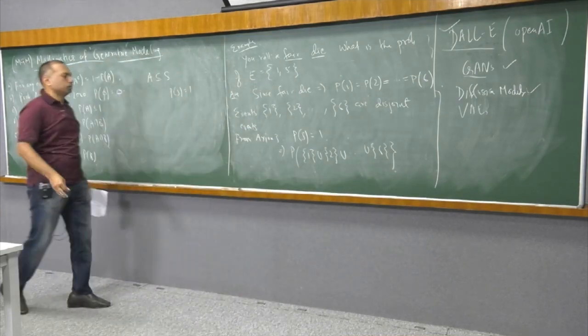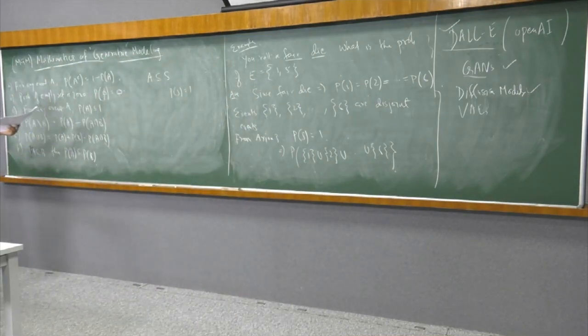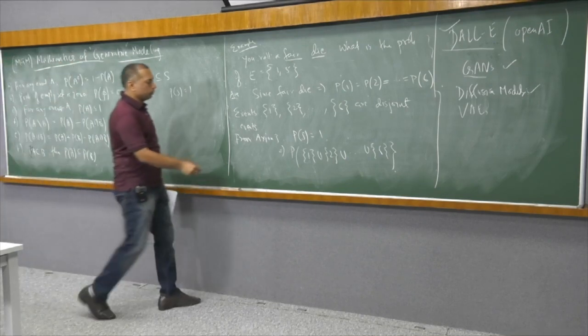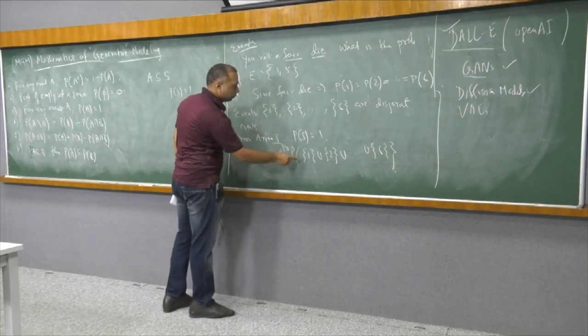The sample space is indeed the collection of the union of all the possible events I have, and the third axiom will apply here because these are disjoint.